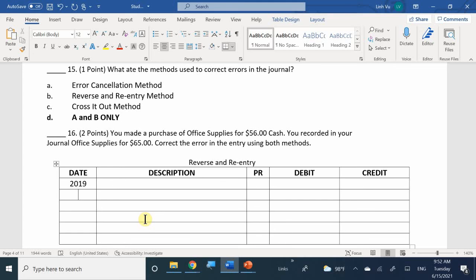Correct the error in the entry using both methods. Okay, so the first one is going to be reverse and re-entry. So you're trying to reverse the transaction. Now, how do you reverse the transaction?